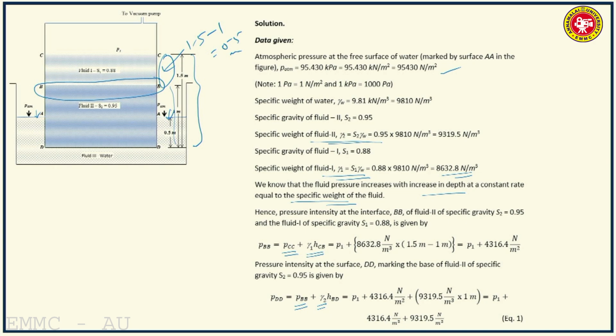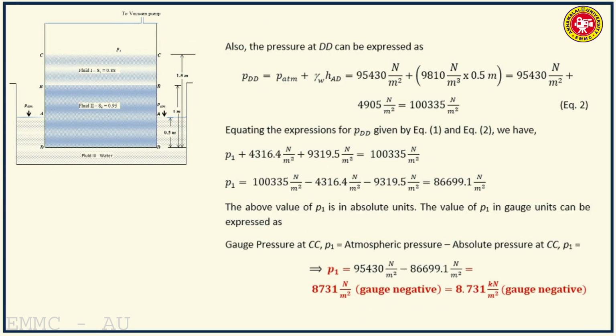So also the pressure at DD can be expressed as PDD is equal to P atmospheric plus the depth of water, that is 0.5 multiplied by specific weight of water. So that comes to this much. So equating the expressions for PDD, we have got 2 expressions for the pressure intensity at DD, one starting from surface C through B, and another from the free surface of water in the surrounding tank.